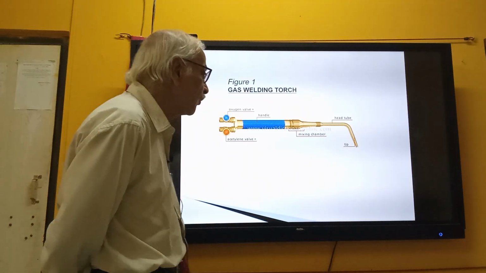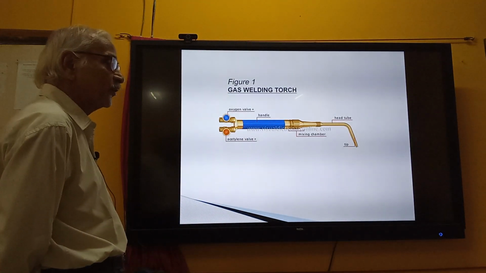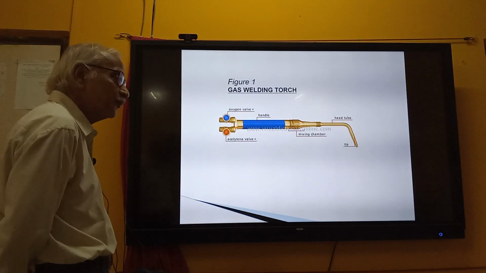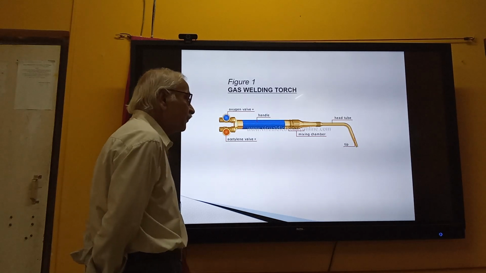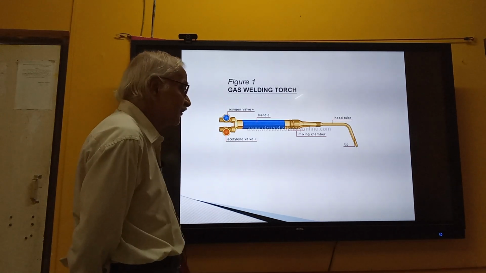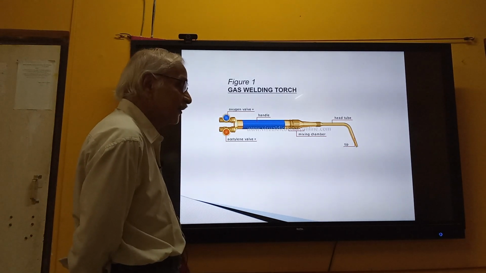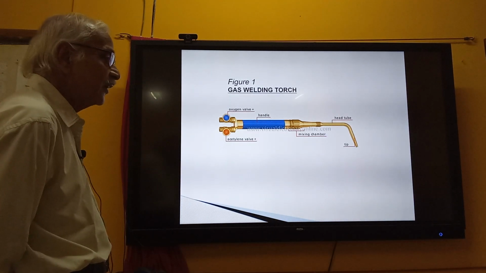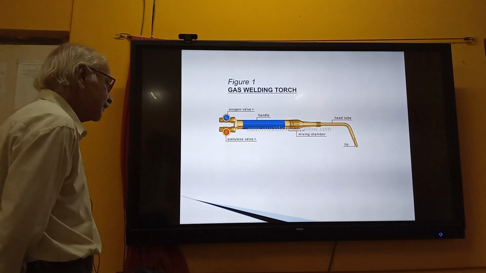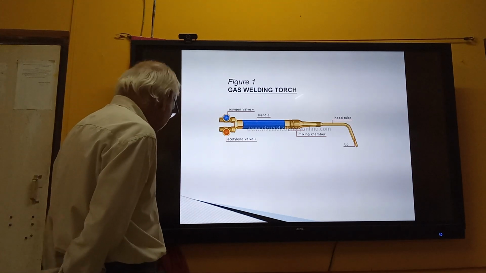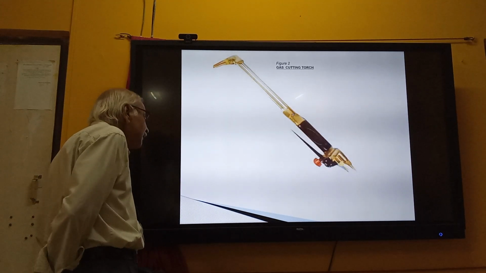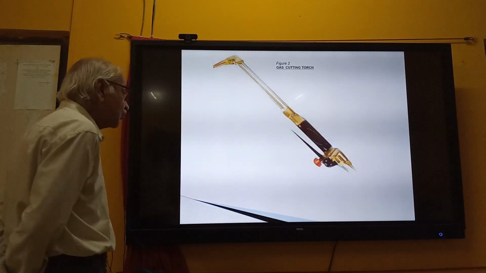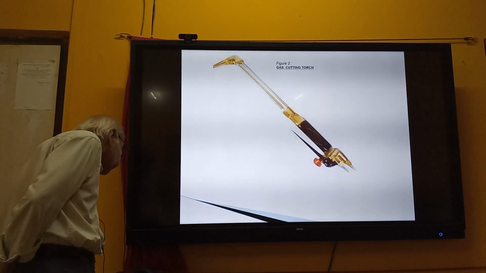We all know that oxygen is essential for combustion. So when oxygen is more, the flame temperature will increase. In other words, the flame energy will increase so that it will generate enough heat for welding or gas cutting. This is the shape of the gas cutting torch, which we will come to later on.